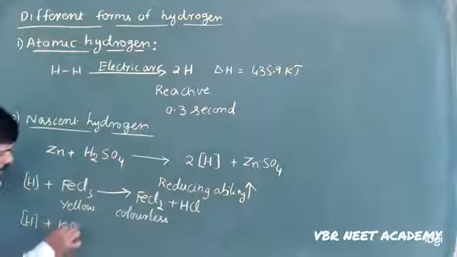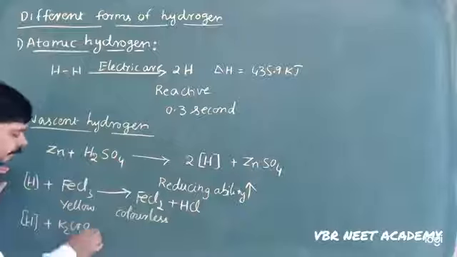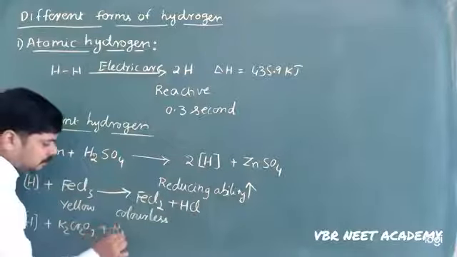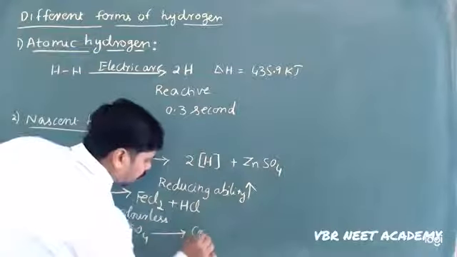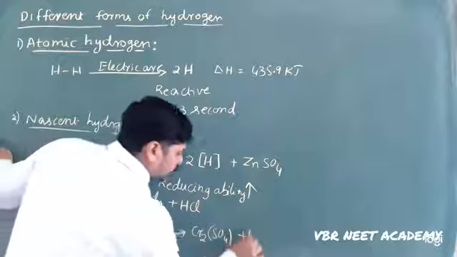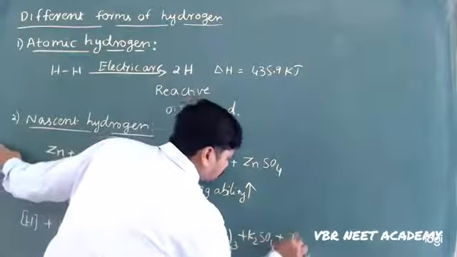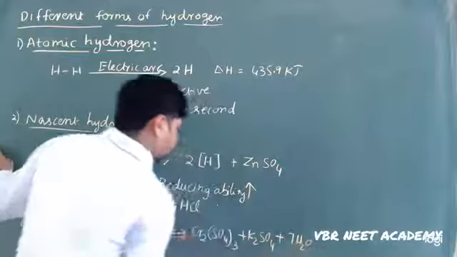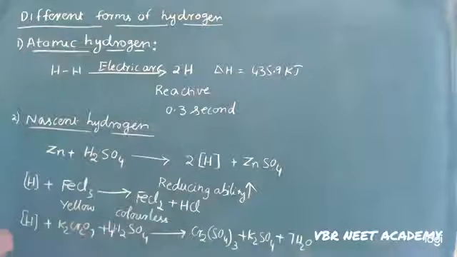converts K2Cr2O7, potassium dichromate, in the presence of sulfuric acid, into chromium sulfate, Cr2(SO4)3, and K2SO4 plus H2O. Six hydrogens are used in this reaction.